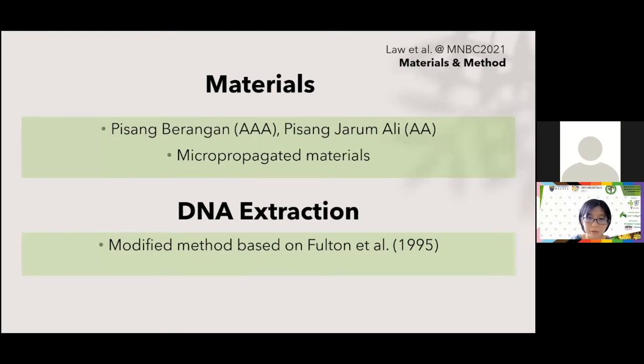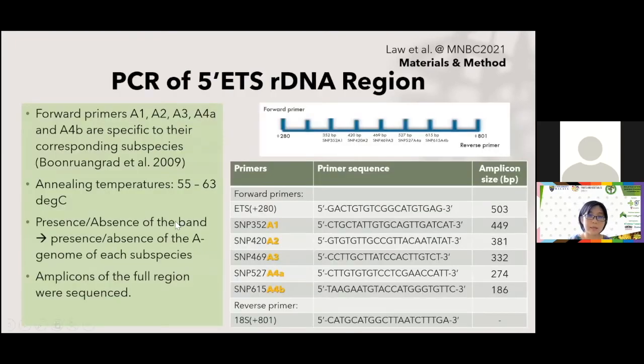Total DNA was extracted, and then we applied the primers developed by Boonruangrad. Imagine this is the piece of DNA of the ETS region. The forward primer was designed at site 280, and the reverse primer at site 801.